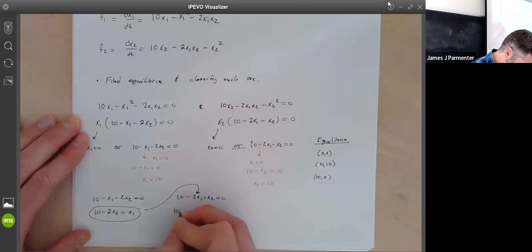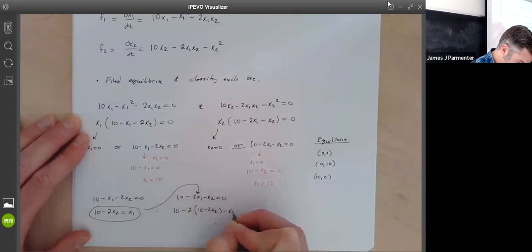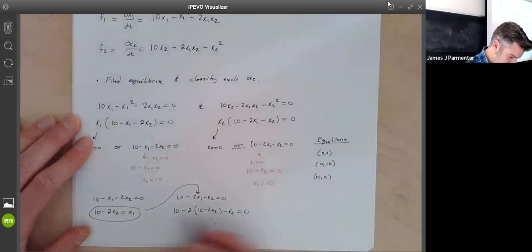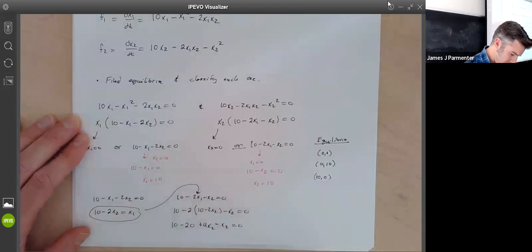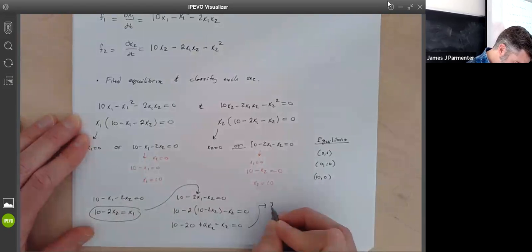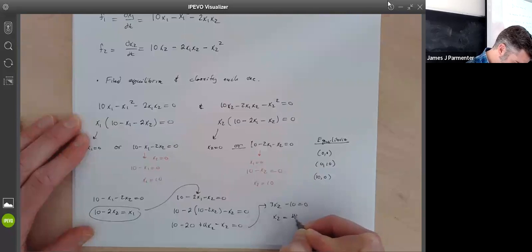So then I have 10 minus 2 times (10 minus 2x2) minus x2 equal to 0. Simplifying, I've got 10 minus 20 plus 4x2 minus x2 equal to 0. So I have 3x2 minus 10 equal to 0, so x2 is equal to positive 10 thirds.